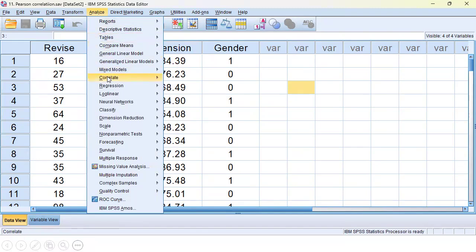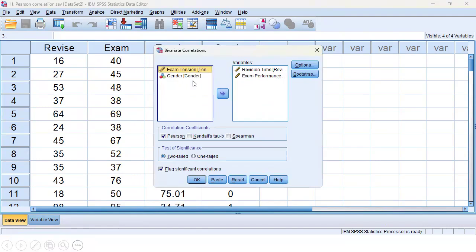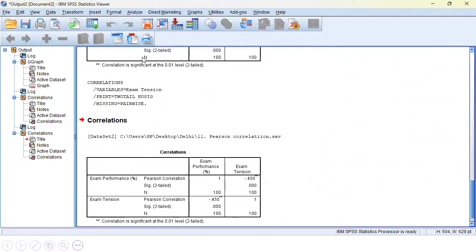Analyze, then correlation, bivariate, reset. I'm taking exam performance and exam tension, and then by default Pearson is ticked, and then OK. After OK, now we can see our result.